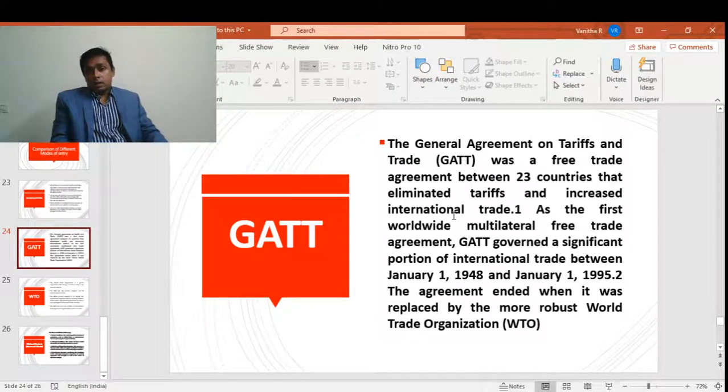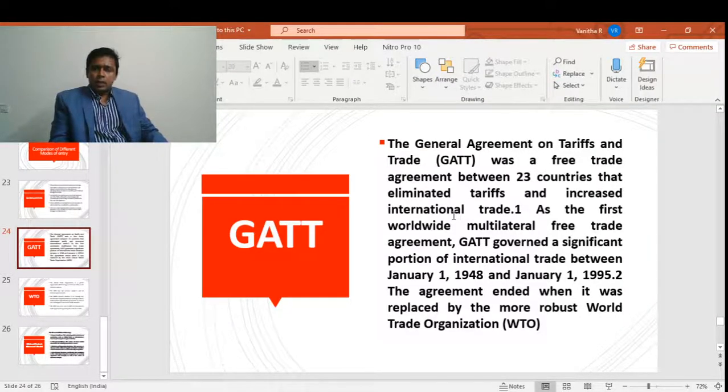Now, since GATT has come into the picture, if somebody has a problem or an issue, they can go to GATT and explain it to the GATT people. The board of directors or members from all the countries will be present. There will be quarterly or yearly meetings, so you can go and explain your problems.